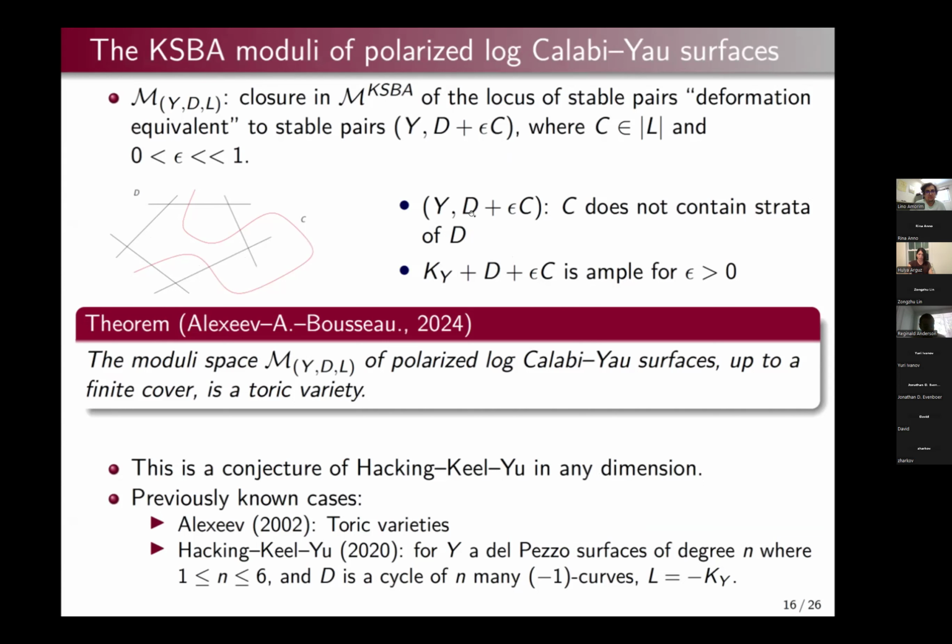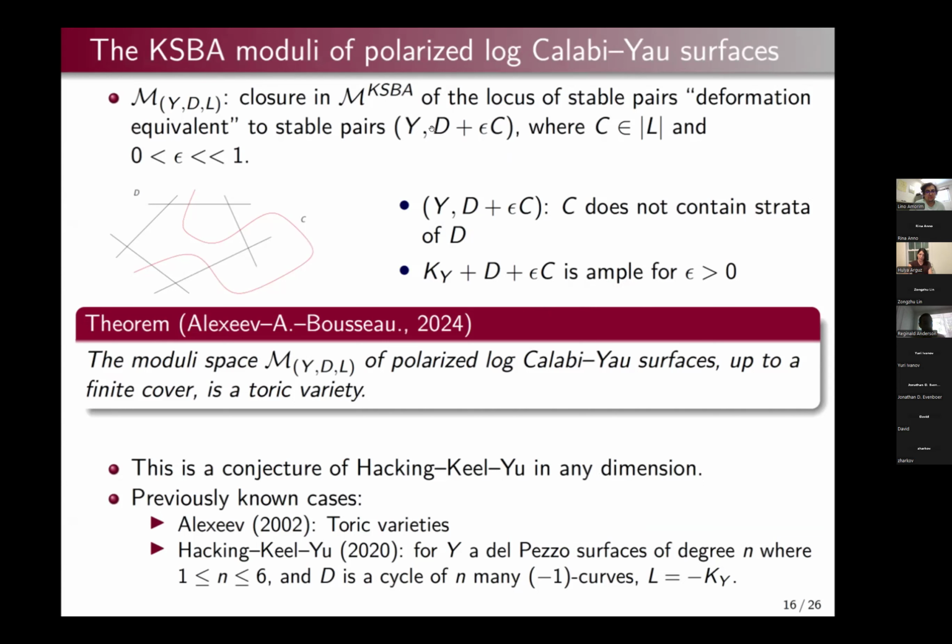You want to ensure that if you take this divisor and sum it with the canonical divisor, you get something ample. But this toric boundary divisor is anti-canonical, so K_Y plus D will just cancel out, and as long as you take an ample C, this will automatically be ample. So the stability condition is always automatically satisfied for such pairs.